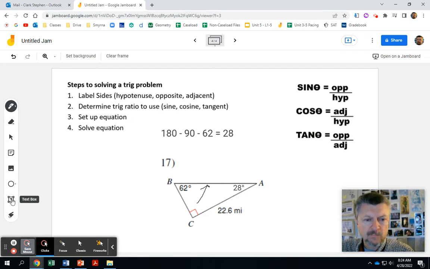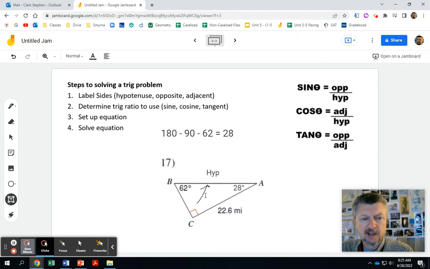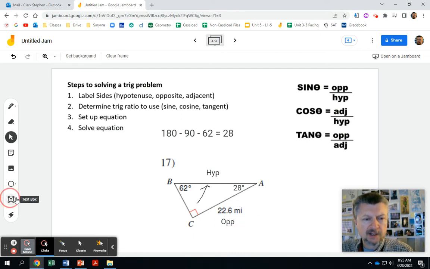And then we're going to mark that hypotenuse, HYP. We're using the 62-degree angle, so that's the opposite side over here. It's on the opposite side of the triangle. There's the opposite, OPP. The other side has to be the adjacent side. All right, there's that.